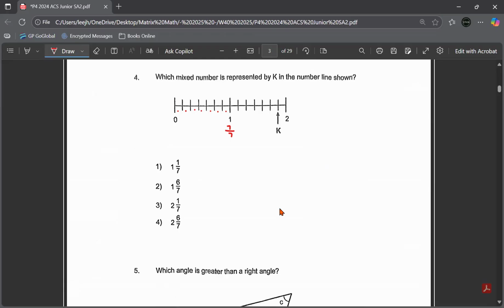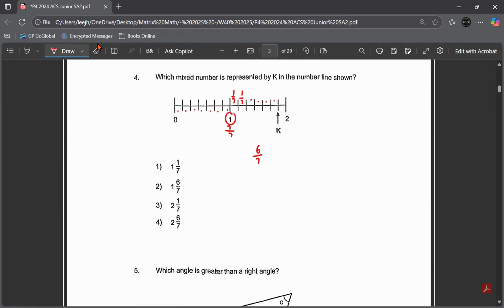So if the K is here, it means that this is 1/7. This will be another 1/7. Okay, wait, not nice. I write it. Okay, so this is 1/7. This is also another 1/7. You count 1, 2, 3, 4, 5, 6. So there's 6/7 here. This is the value of 6/7.